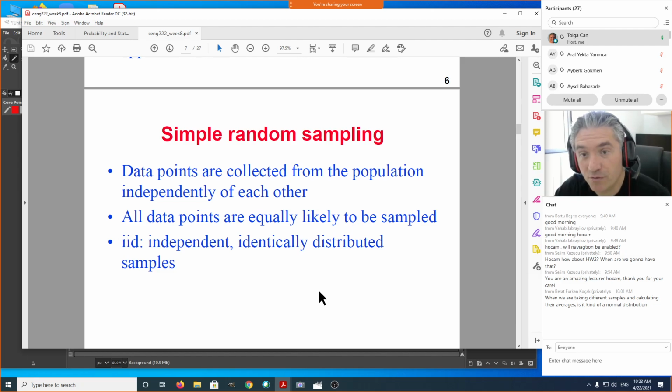Using that sample, you'll be able to estimate the population parameters in an unbiased manner.